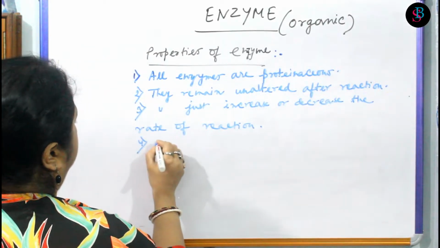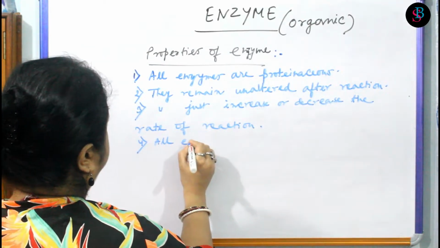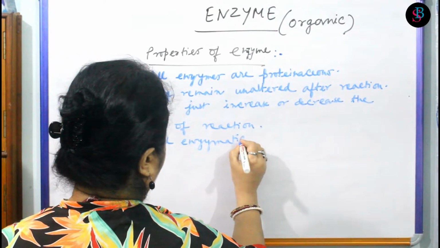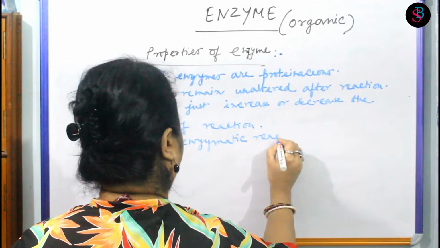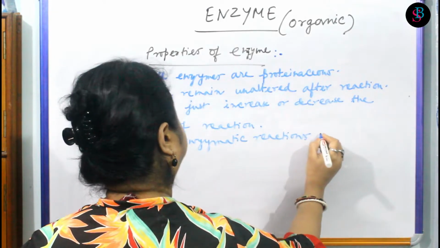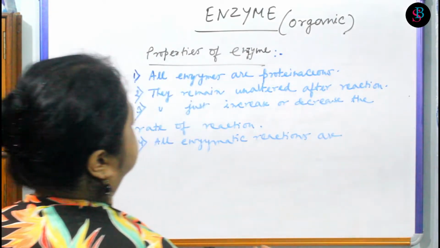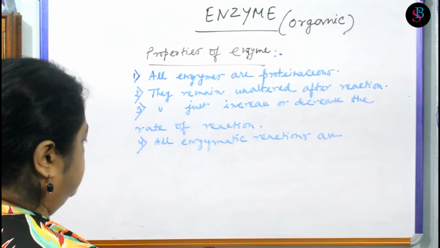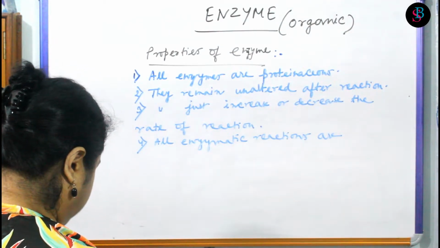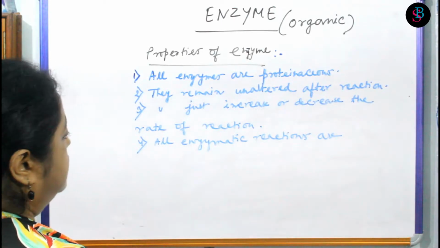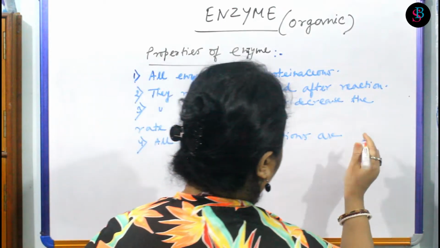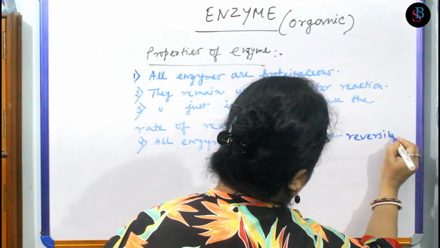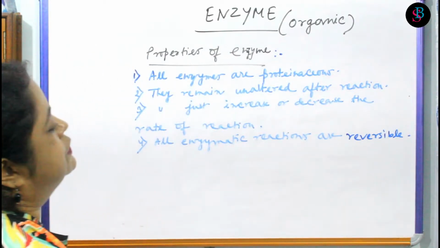Number four, all enzymatic reactions are reversible. What is reversible? That it has two directions, to and fro.